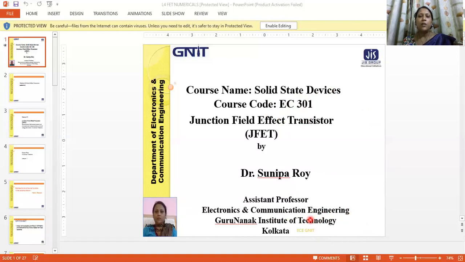This is the numerical problem. Let us first explore this numerical problem. Calculate the amount of gate to source voltage necessary to regulate a JFET drain current at a value of 2.5 milliampere. Given the following transistor parameters, VGS off is 3 volt, IDSS is 17 milliampere.